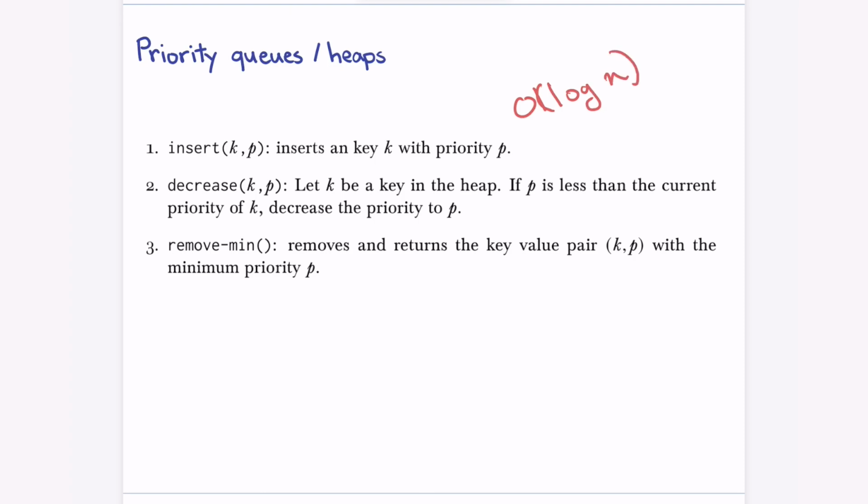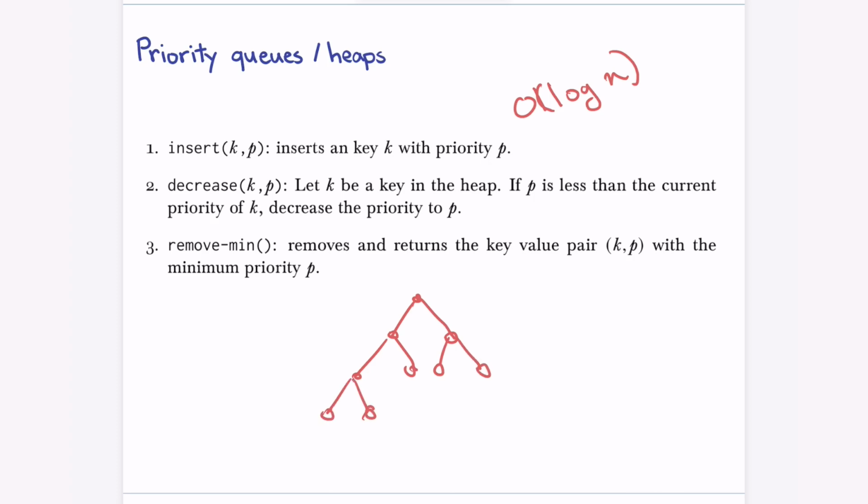And you guys probably already knew this. Do you remember how to set up an example of a min heap? How to implement one? Yeah, so it kind of looks like a binary tree. Each of these nodes will represent one key priority pair. And you keep it kind of full.